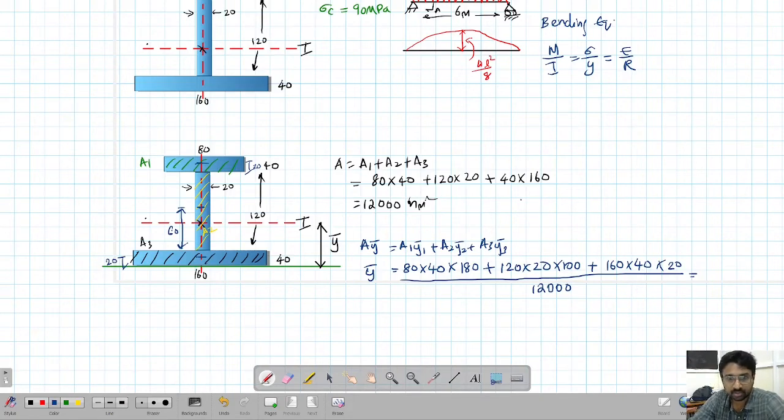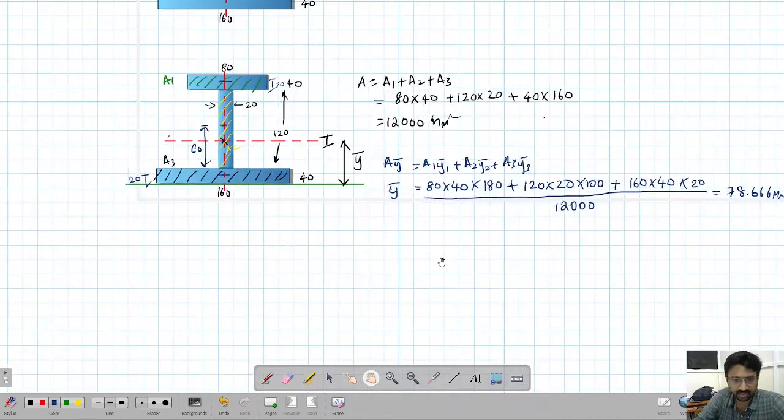This comes out to be 78.66, that is 78.666 mm. So this is the centroid, 78.66 mm from the bottom. So that we have got. Now what we have to do is find the moment of inertia. We have to calculate the moment of inertia.